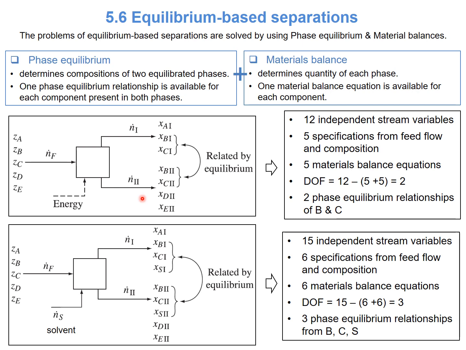However, in this second situation, we have introduced another stream to the separator, which is the solvent stream. Maybe we are trying to extract some parts of B and C into the solvent. So let me analyze these extraction situations.